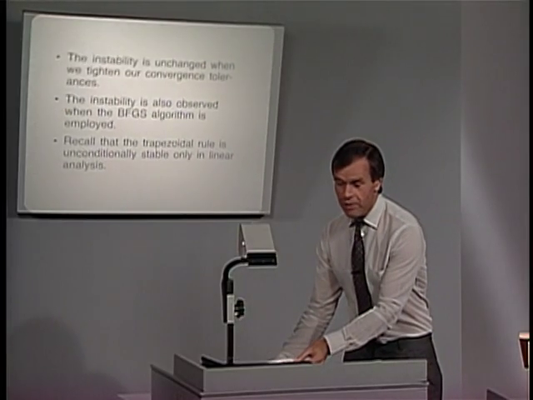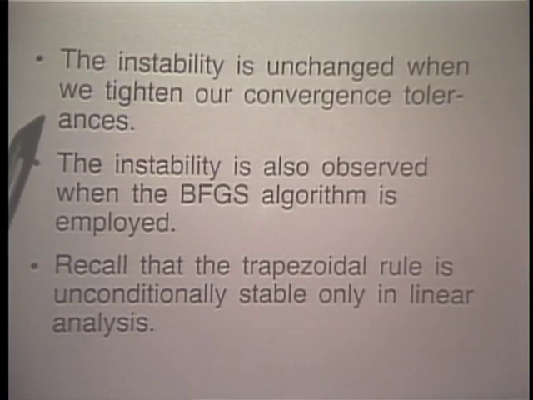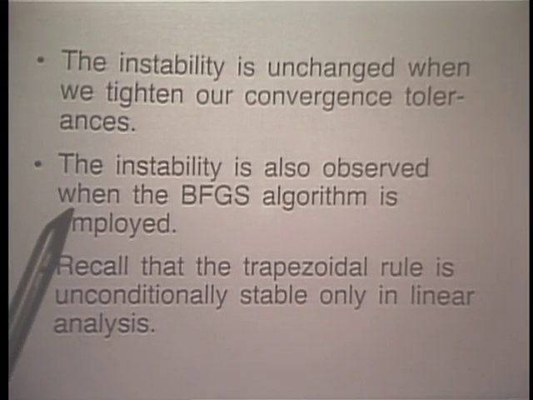The instability is unchanged when we tighten our convergence tolerance or when we use the BFGS method instead of the full Newton method. We should recall here that the trapezoidal rule is only unconditionally stable in a linear analysis. Here we are talking about a nonlinear analysis, and you cannot select any time step magnitude delta t and expect a stable solution.